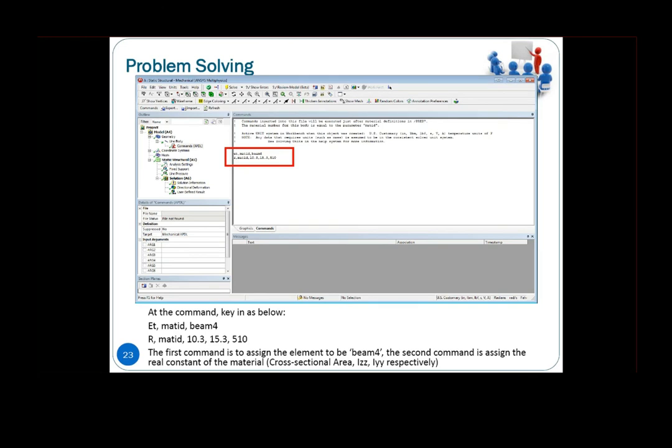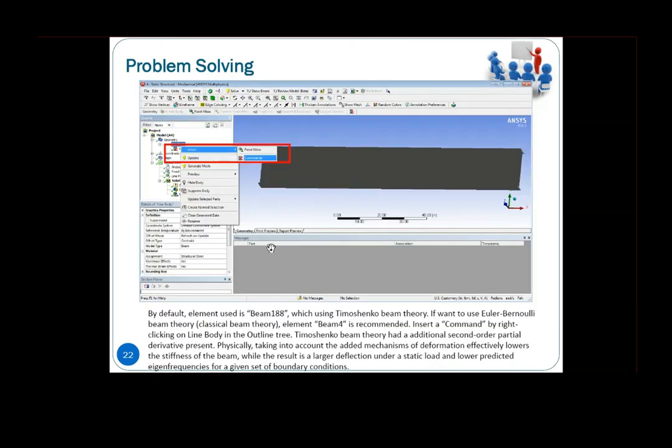It's more accurate in the case of so-called short beams, standard short beams. In this case, if you want to use beam 4 or Euler-Bernoulli, probably you have to use these commands. All right, so you can add the commands here for your geometry.